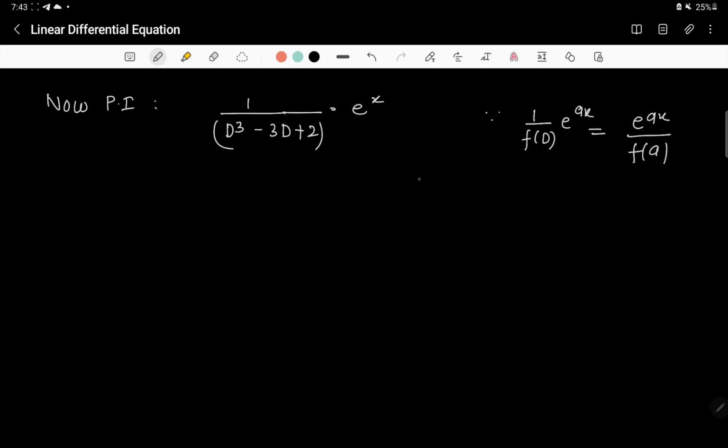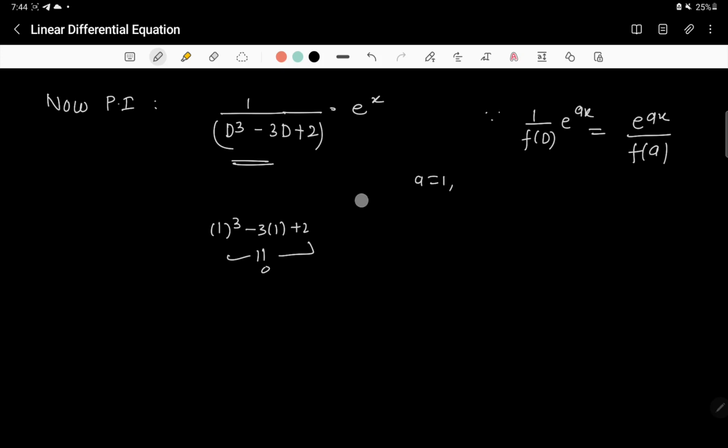Here a is equal to 1 in our question. If we put 1 in this part, we get 1 cube minus 3 times 1 plus 2, so the denominator becomes 0. So 1 upon 0 is infinite, so we don't approach it this way.